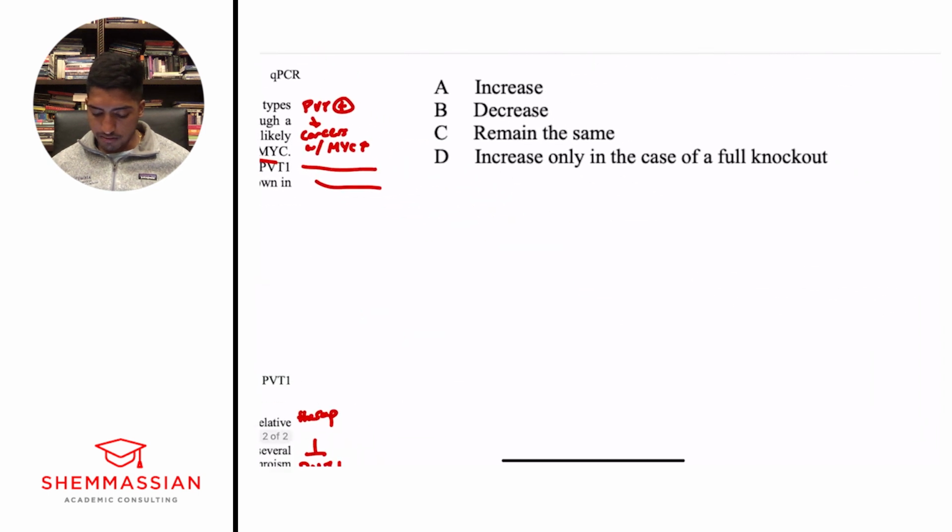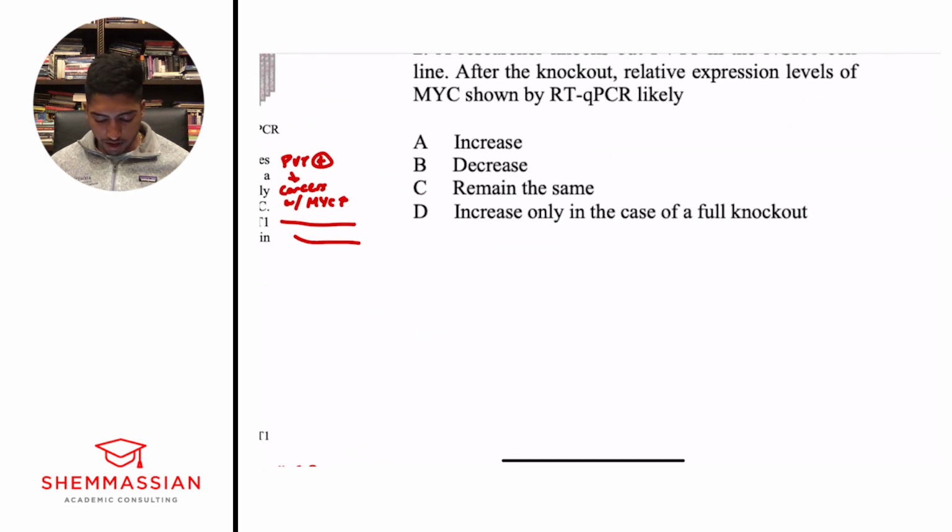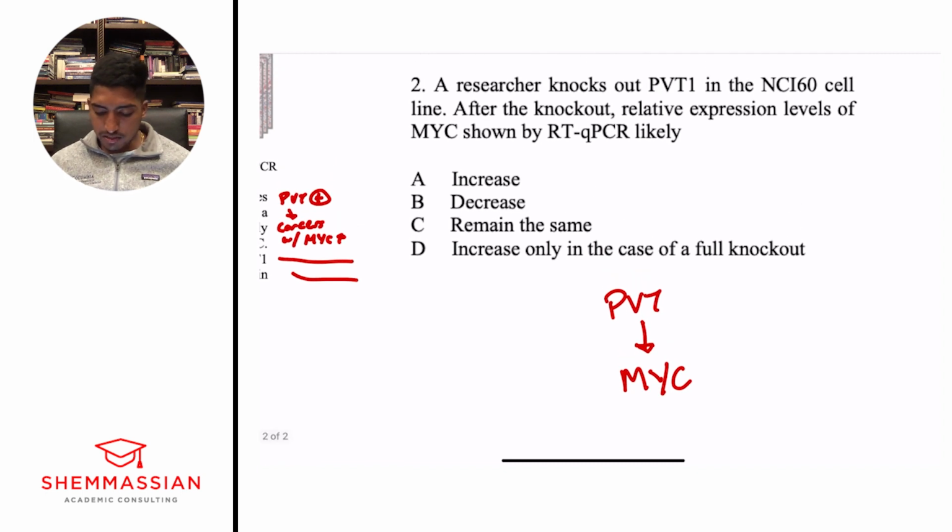So the main understanding is to write out the diagram. PVT is directly related to MYC levels, okay? And so here, the experimenter is knocking out PVT1, and then we're looking at what levels of MYC happen. I like to think of this in terms of arrows. Keep it very simple.